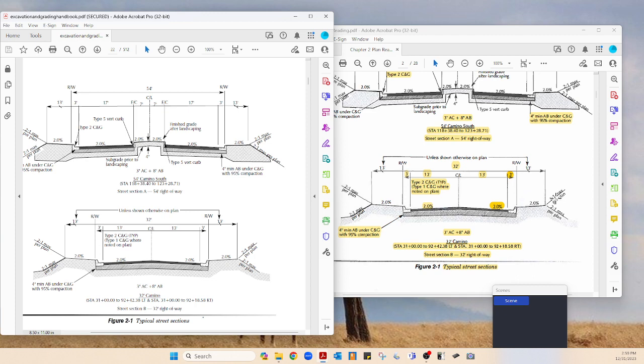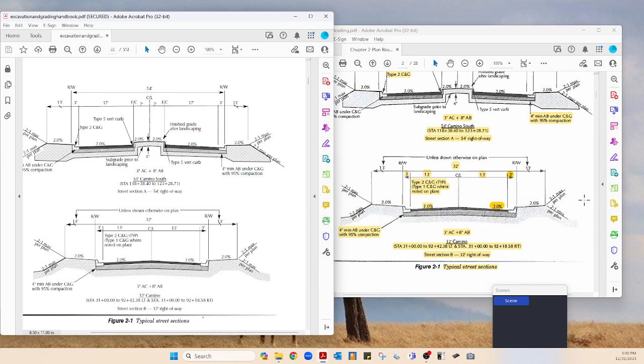If we're cutting through an existing grade that's up here, about where my cursor is, we're going to have a back slope. And if we're bringing in material and building up, say the existing grade is right across in here somewhere, so we've got to build all this up, we will have an inslope going down here. Now, if this is a subdivision, keep in mind that probably right here there'll be a sidewalk.